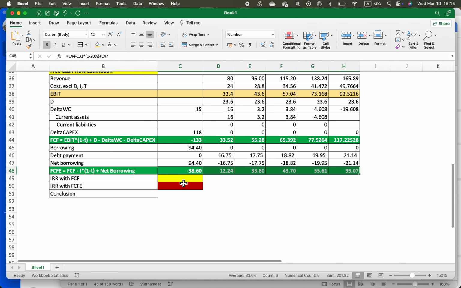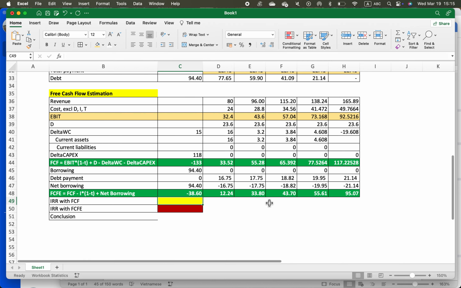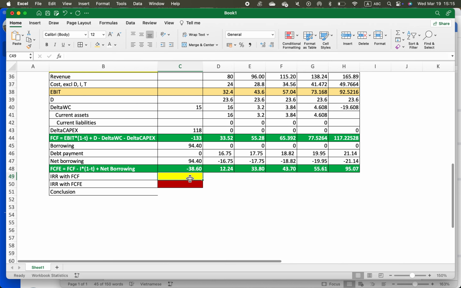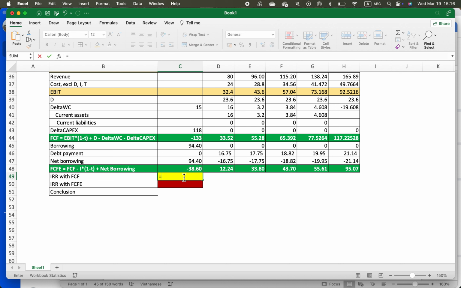Cool. So now we come up with the idea of IRR. We come up with the IRR because we want to answer the question of whether the project is accepted or not. To answer that question, we should calculate IRR. So equal IRR, you learned about this already.